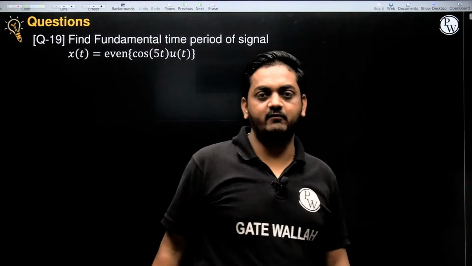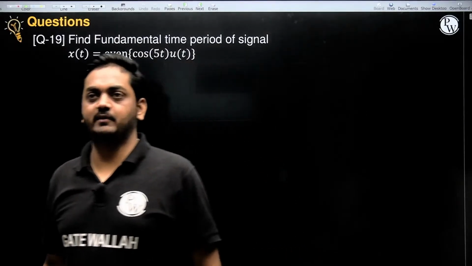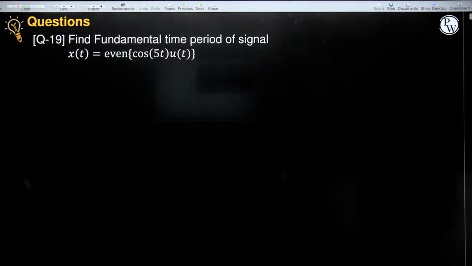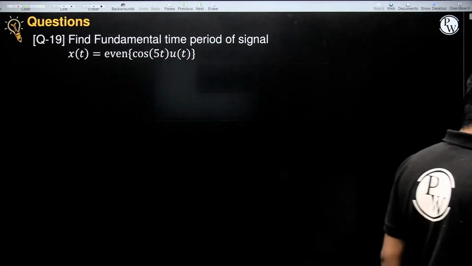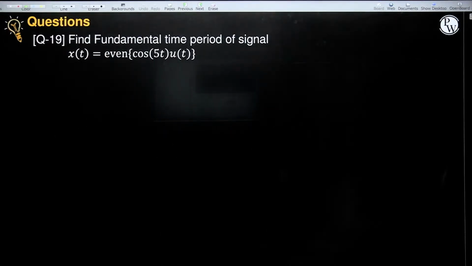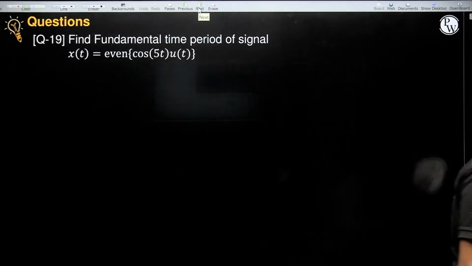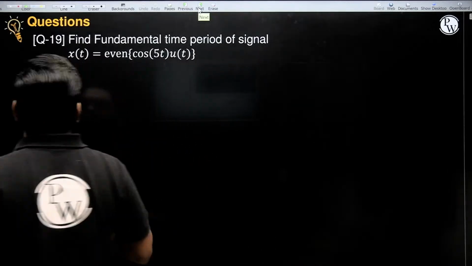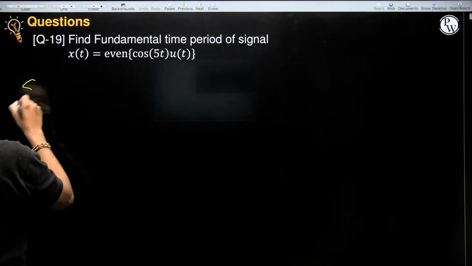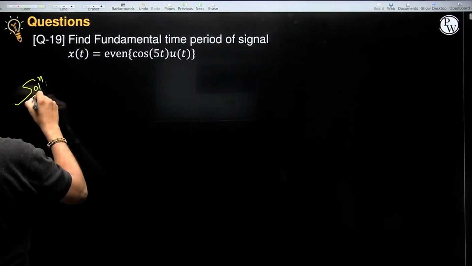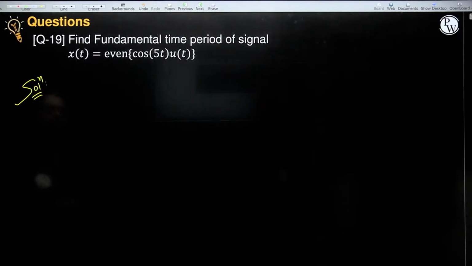Now the next question is, even part of cos 5t u of t is periodic or aperiodic? Tell me.